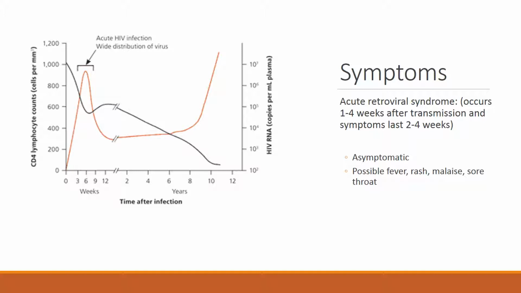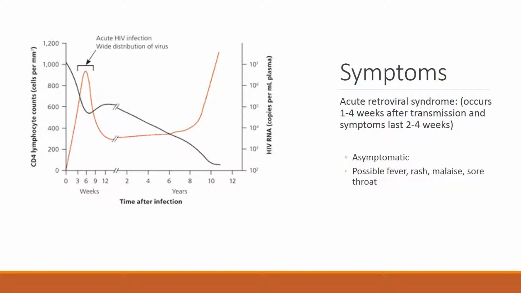Most people's viral load stays pretty low for many, many years, and then it's going to spike up. When it spikes up near the end of the disease process, you'll see that the CD4 lymphocyte cells are really plummeting, and that's when you're seeing other symptoms related to a low immune system: rashes, infections, fungal infections that normally wouldn't be present in a healthy person.